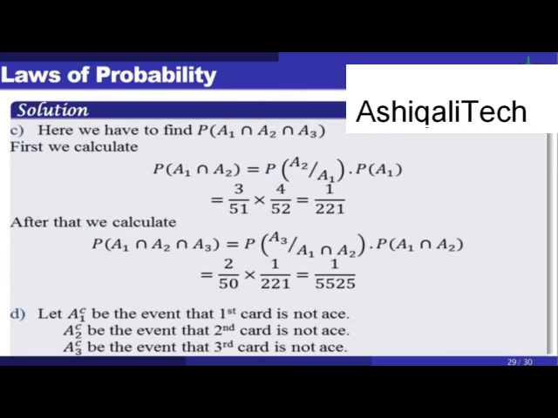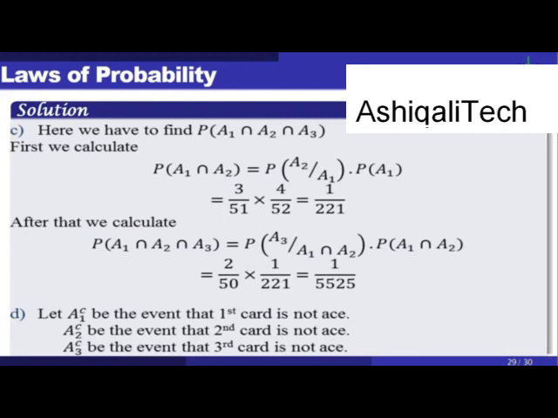And after that we can calculate probability of A1 intersection A2 intersection A3, and it is given by probability of A3 given A1 intersection A2 times probability of A1 intersection A2, and this is given by 2 by 50 multiplied by 1 over 221. So it will be 1 over 5525.